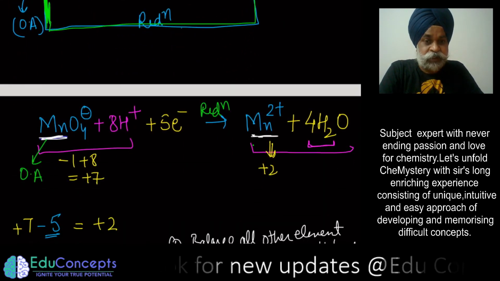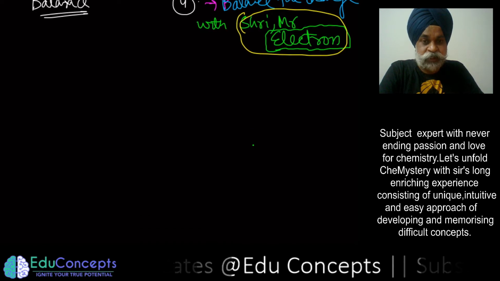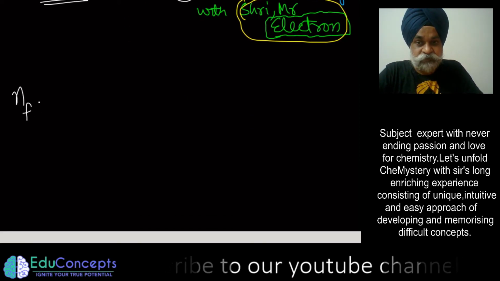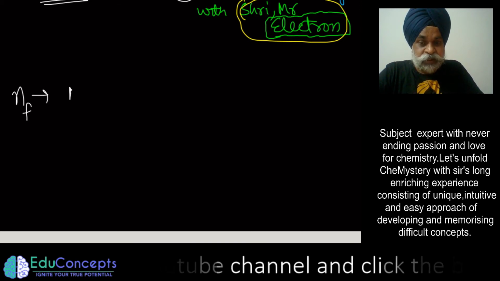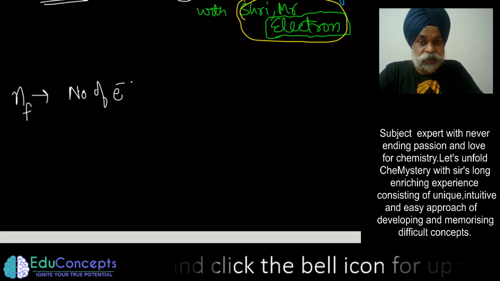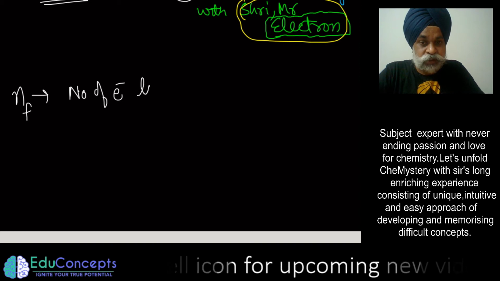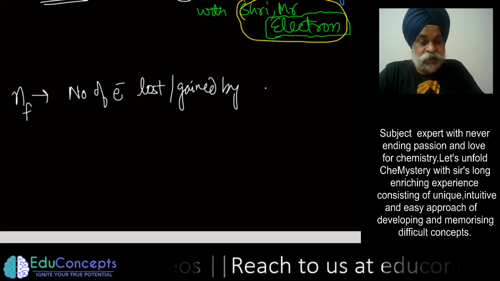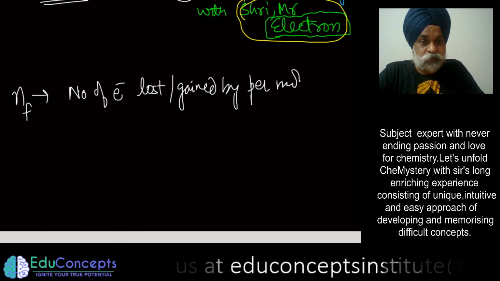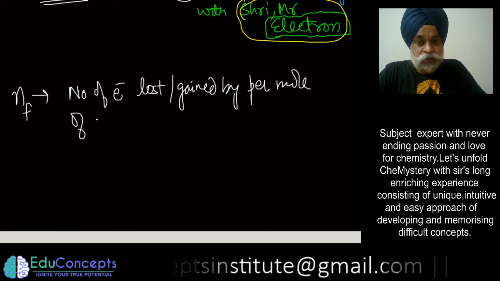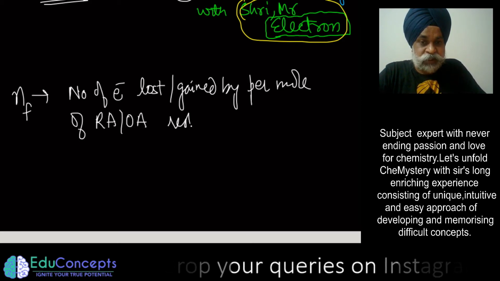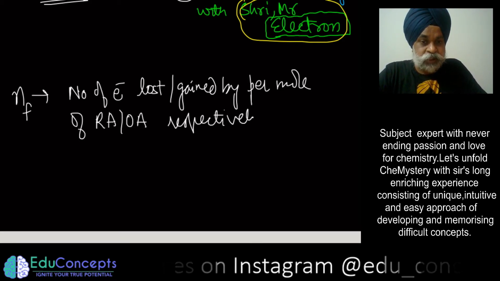So if this is the case, then how to find the N factor? One way is, now let me define what is N factor. Till now I haven't defined N factor. Now see what is N factor. N factor is the number of electrons lost or gained per mole of reducing agent or oxidizing agent respectively.